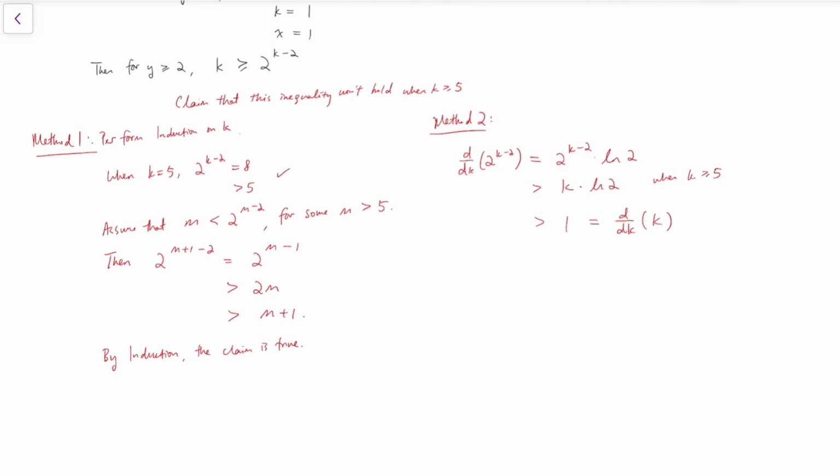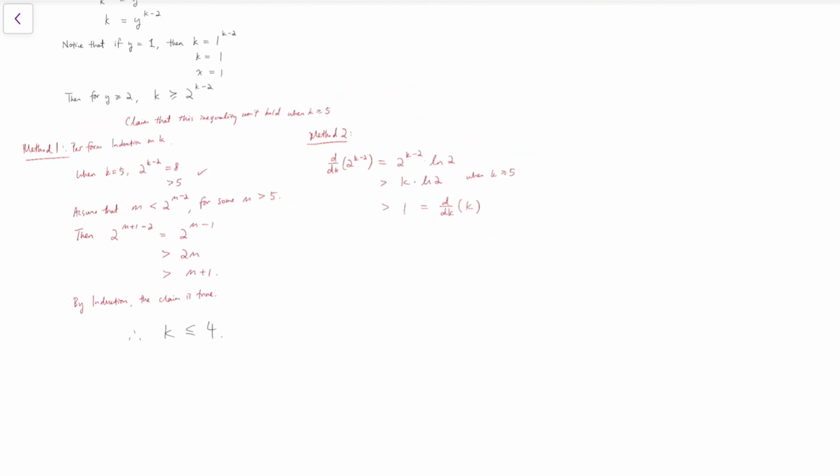Now, from these proofs, we know that our inequality can only hold when k is at most 4. So then we can test them one by one. When k equals 4, then 4 equals y to the power of 4 minus 2.